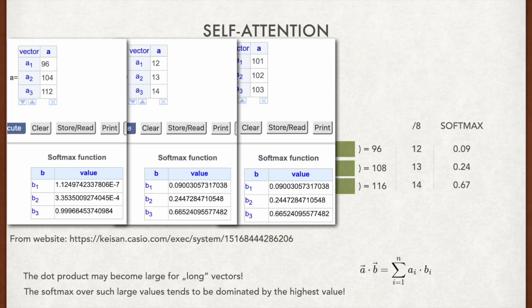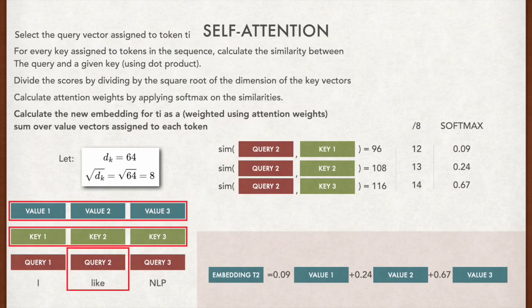Having calculated attention weights, we can simply construct a new embedding vector, a new context vector T2, representing the meaning of the word like using a weighted sum over value vectors. This sum is weighted according to the attention weights calculated. And this procedure is the same as in the context of classical attention discussed at the beginning of our lecture.